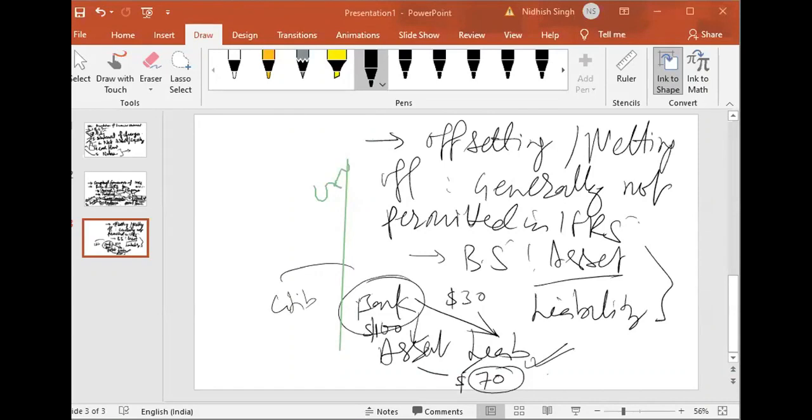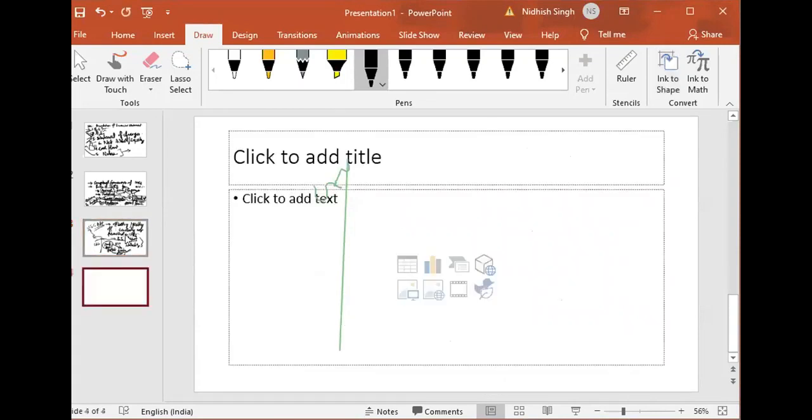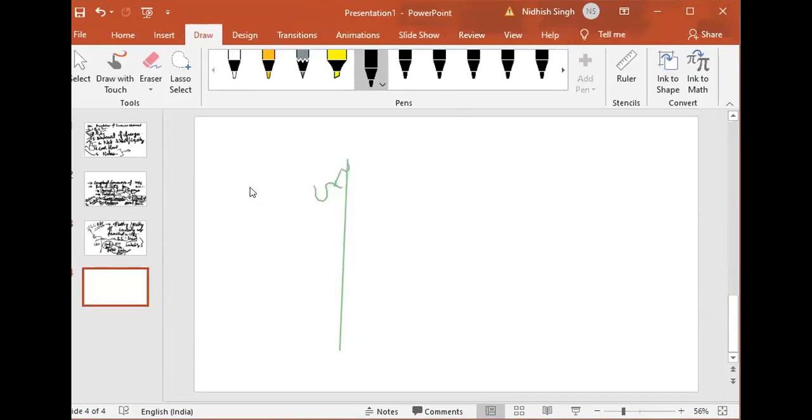Please continue. Sure. So basically what I'm trying to say is that normally we prefer to show offsetting because it will kind of show the net impact of the asset and liability, but IFRS do not permit that. Many other accounting standards such as US GAAP permit netting off, and IFRS has a clause that it can allow netting off only when there is a master netting agreement, something called MNA, which is in place.